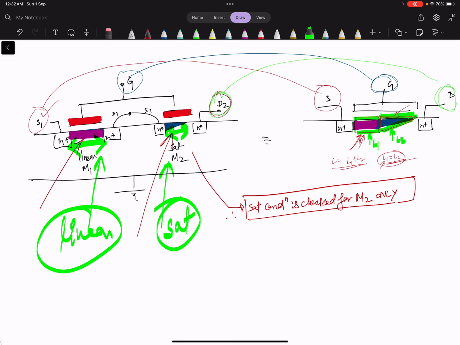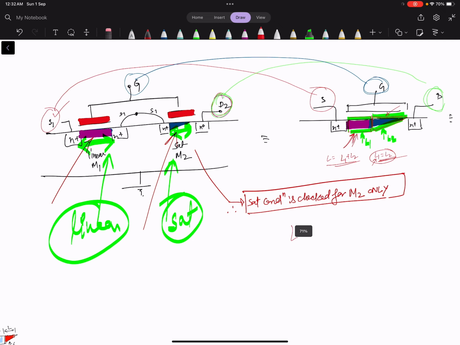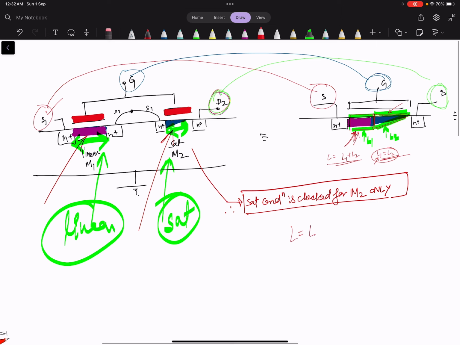So this is the way of visualizing how the total L has been split into different smaller Ls, such that the one which has the tapered L is separated, and the others which are rectangular have been separated, and this is in the linear region, and this one is in the saturation region.